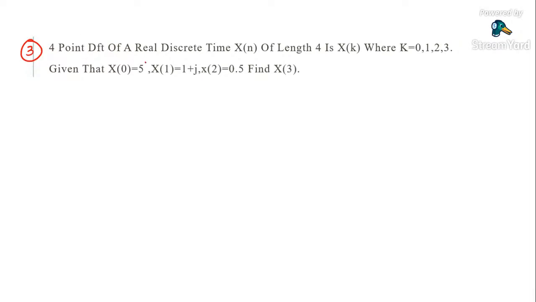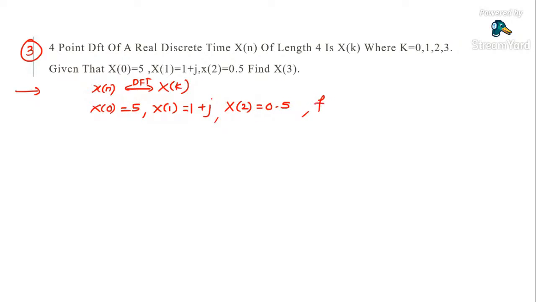Suppose the 4-point DFT of a real discrete time sequence x of n is X of k, where k is equal to 0, 1, 2, 3. Given that X of 0 is 5, X of 1 is 1 plus j, X of 2 is 0.5, you have to find X of 3.